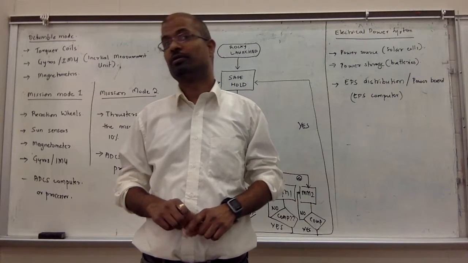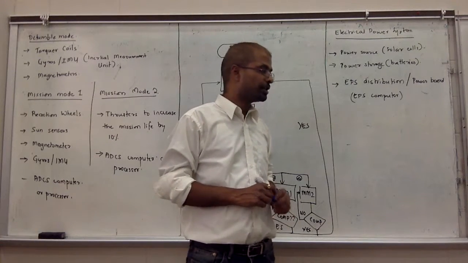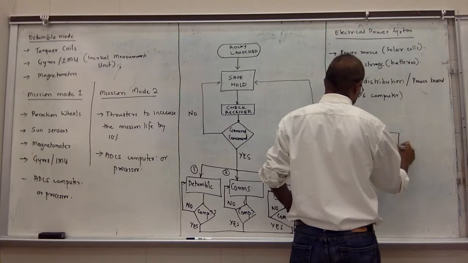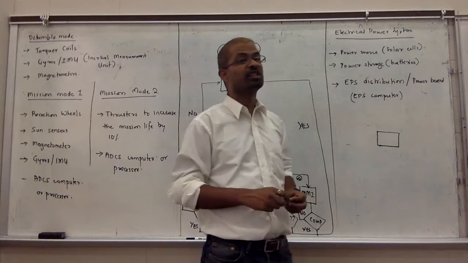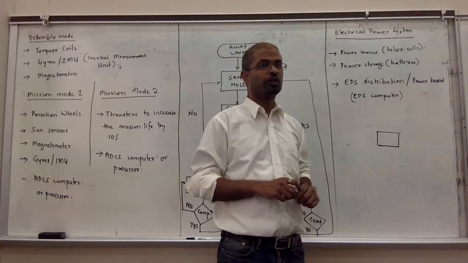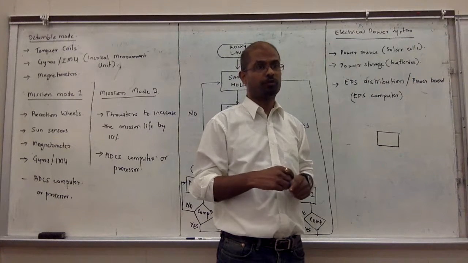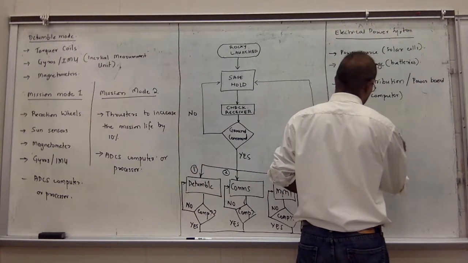What's the difference between a computer and a processor? So this power processor is one single chip, which does all the math or all the processing for you. This is the CPU, Central Processing Unit.